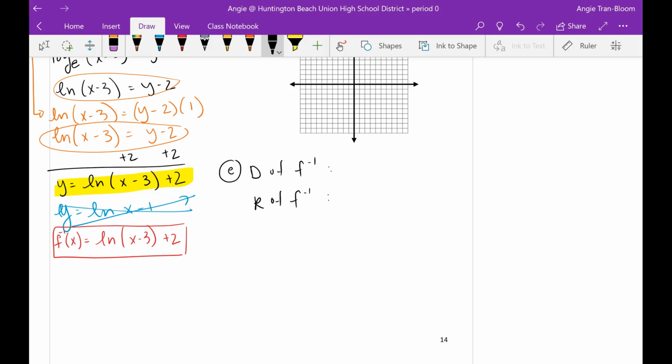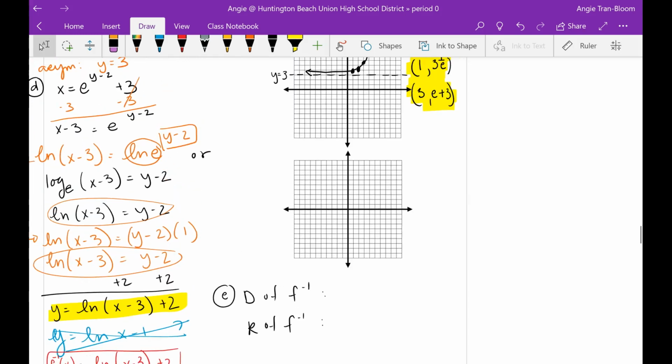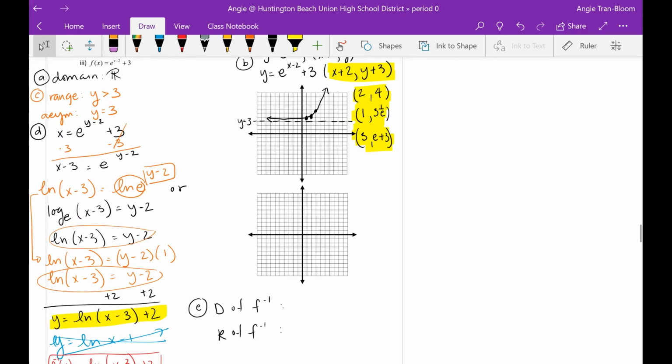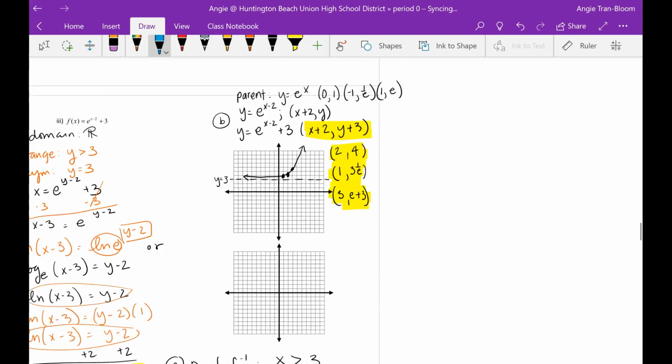What I do is look for the domain of the regular function and then just fill it in, okay? So the domain of the regular is all real, so that means that's my range. The range of the regular is y is bigger than 3. That means the domain of the inverse is bigger than 3.